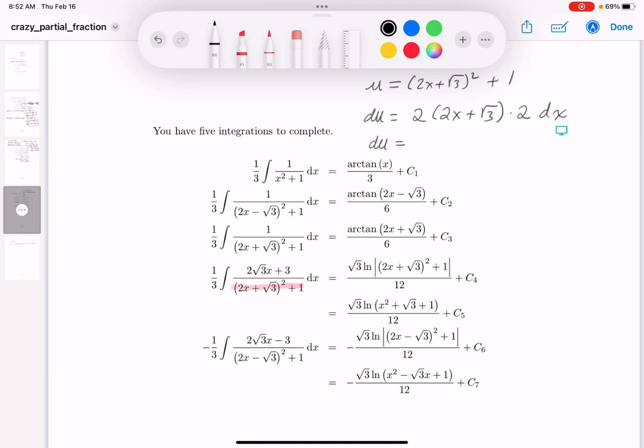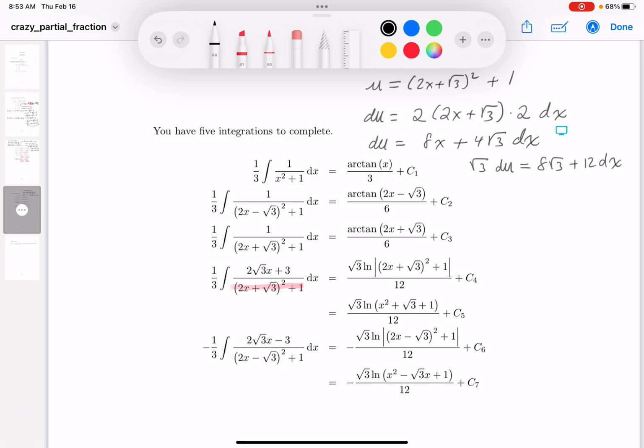So let's take a look at this. du, let's see, that's going to be 8x plus 4 root 3 dx. I am going to multiply both sides by the root of 3. Let's write this down. So you get root 3 du is equal to 8 root 3 plus 12 dx.